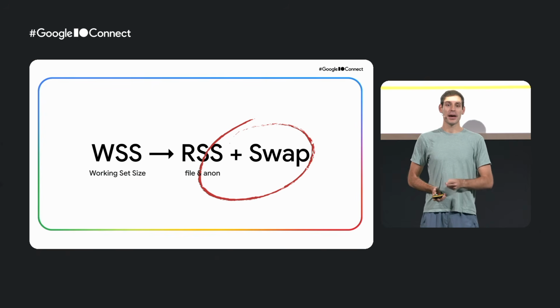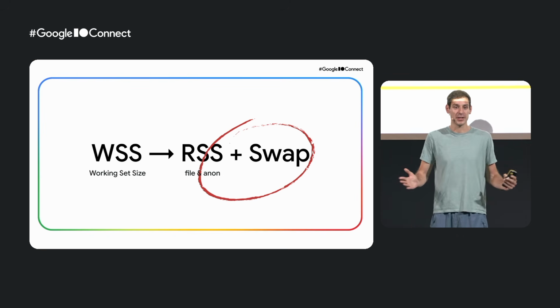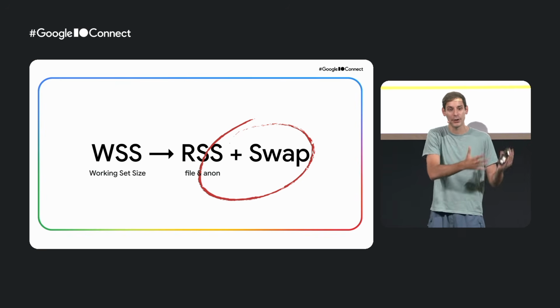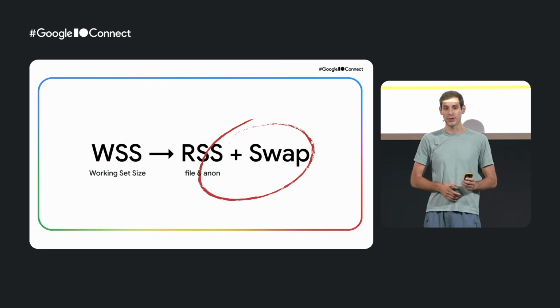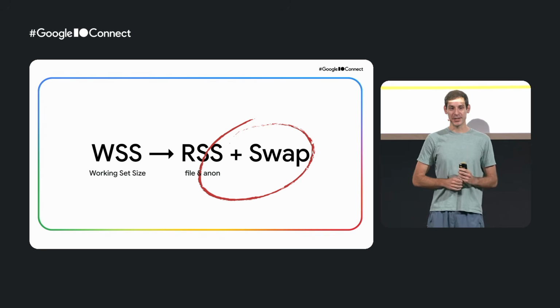Now, the anonymous pages are the hardest to really evict, because that's data that cannot be pushed down on disk eventually. So we should dig a little bit deeper to understand where these pages really are coming from.